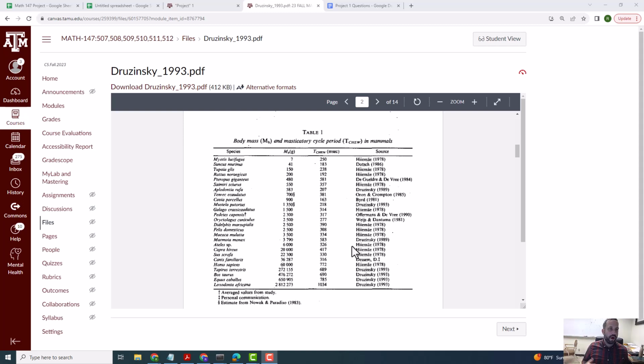What he wants to do in this paper is convert the period of chewing to the frequency of chewing, measured in seconds. The relationship between period and frequency is that they're inverses of each other. So if I wanted the frequency in milliseconds, I would just do 1 over 250.